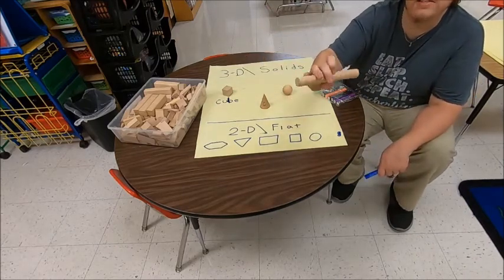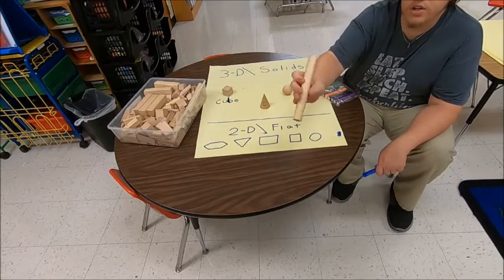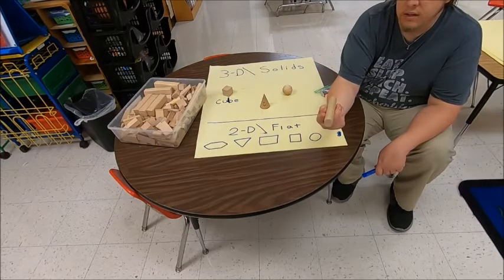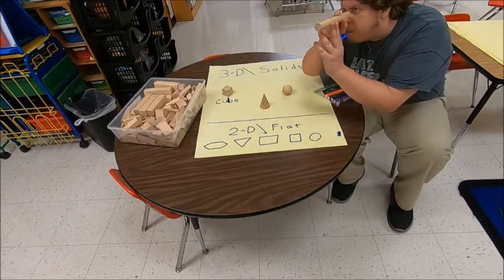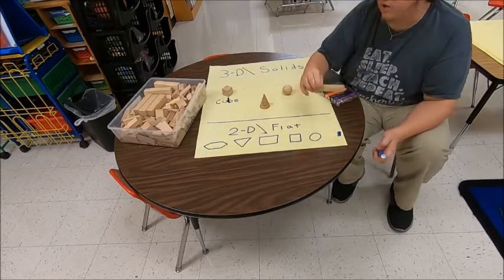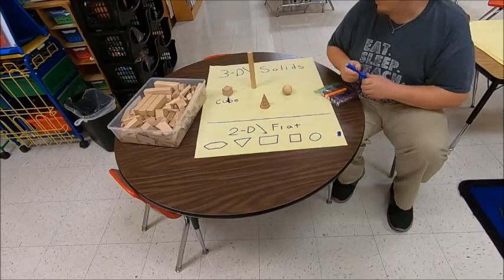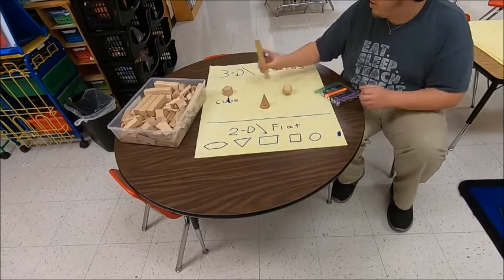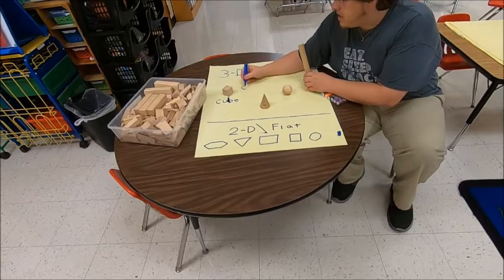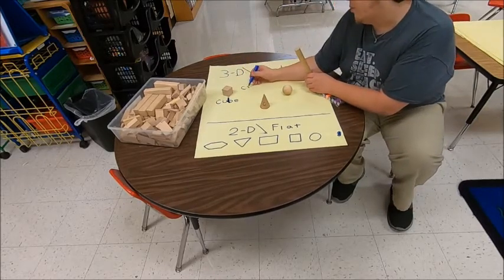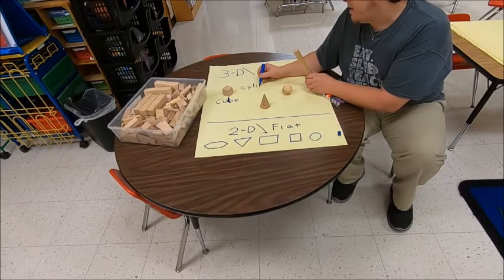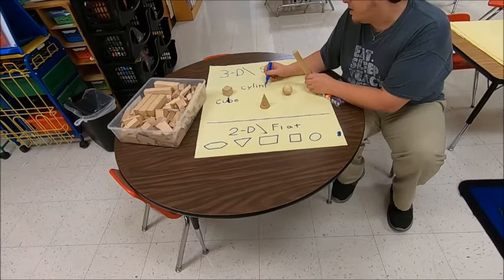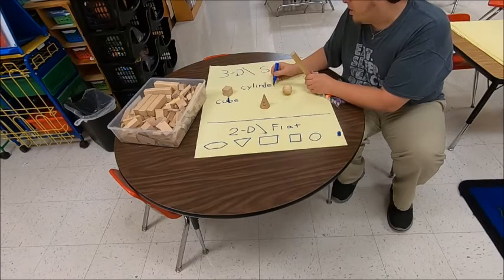Here we have another one. What would you call this? Does anybody know what this shape is called? This one is called a cylinder. I'm going to write cylinder on the paper. C-Y-L-I-N-D-E-R.